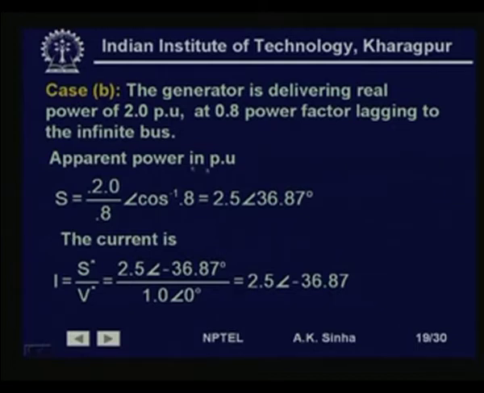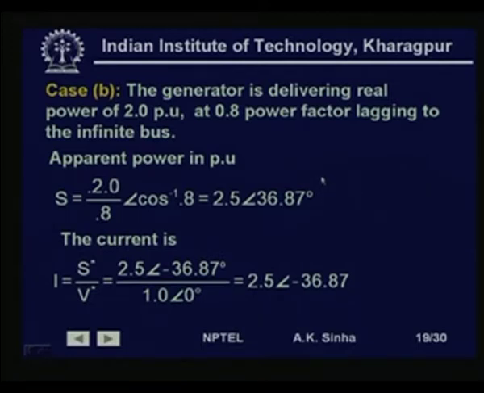Now, when we have the initial operating point where the power being delivered by the machine is 2 per unit, we again calculate the apparent power with its angle, and the current we get as 2.5 angle 36.87.